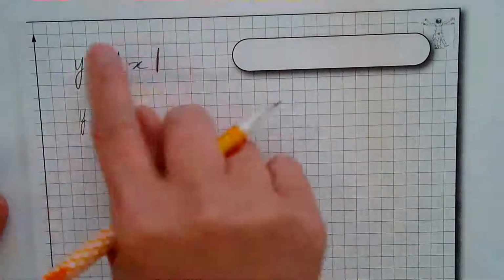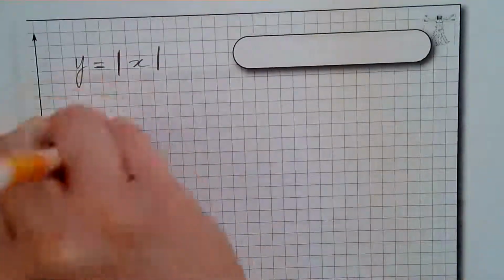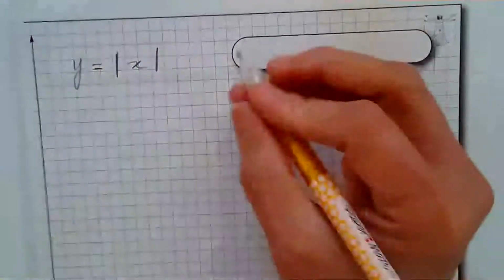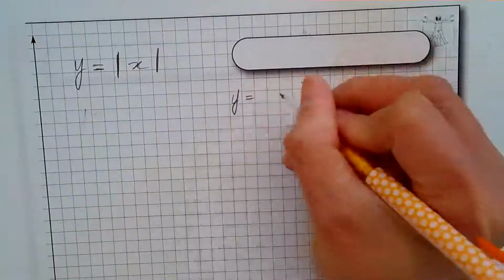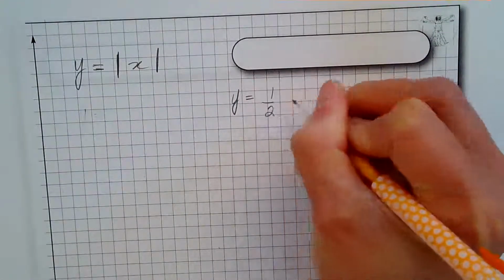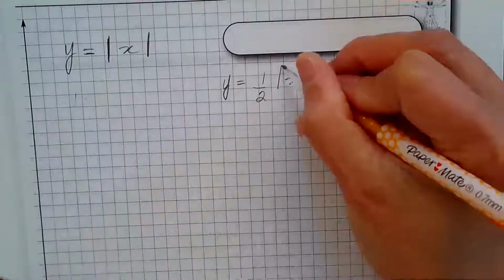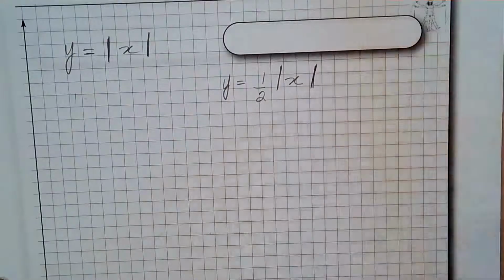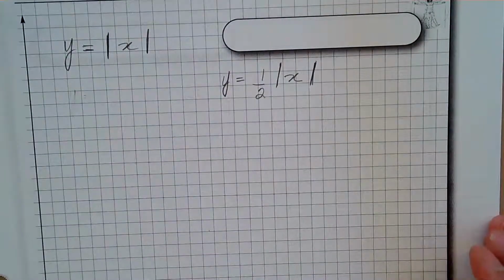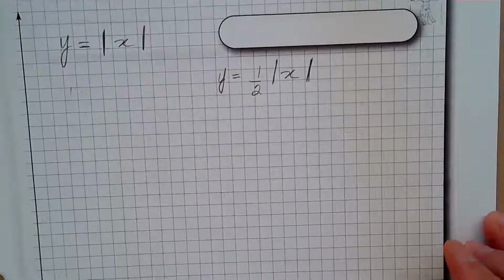Okay, so that's what the function is. Now this is what we wanted to do here: y equals 1/2 absolute value of x. I think this might be my last one. Okay, what's happening there?